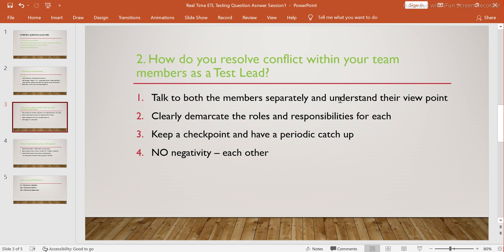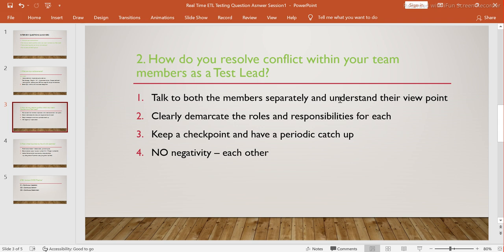Once you talk to both of them, you will be able to understand the problem. Or maybe one person is expecting something that he should not expect, because here in the team there is nothing personal. It's all about the project delivery. It's all about the professional relationship, right?